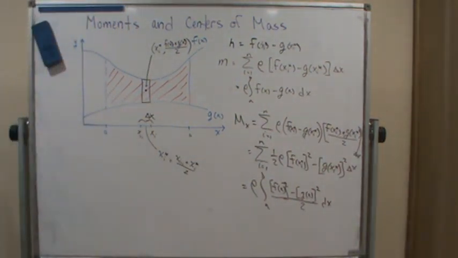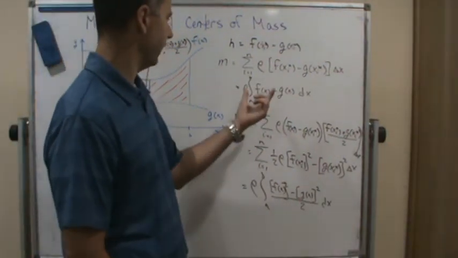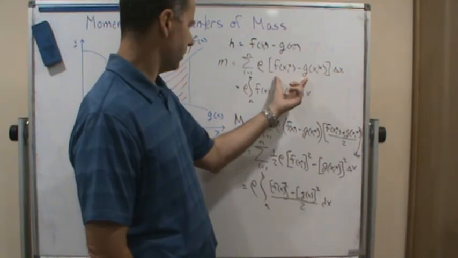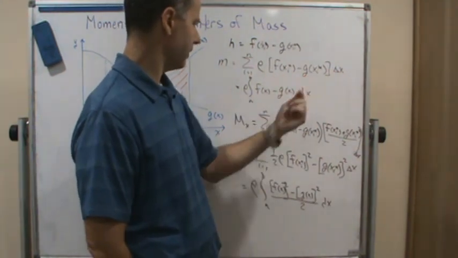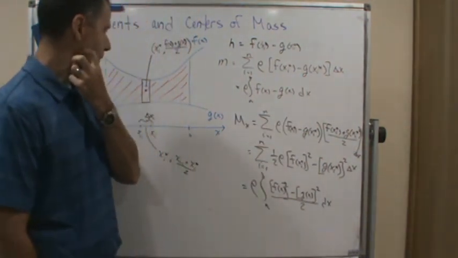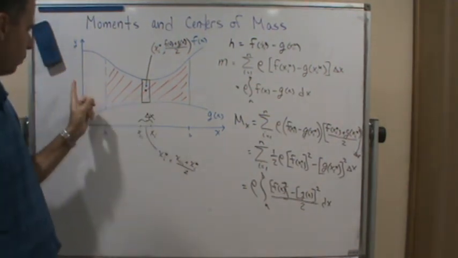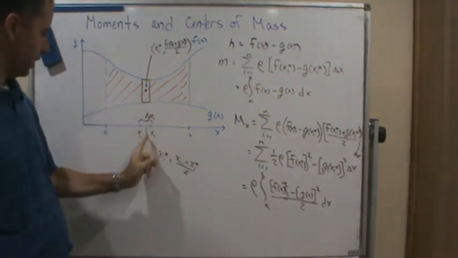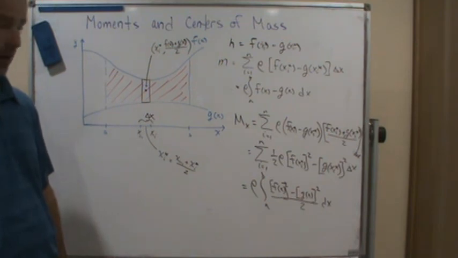And then of course, if we do a similar derivation with respect to y, we get the same thing. We get our mass, which is given by this. But this time we multiply by the distance with respect to the y-axis, which is just x sub i star.